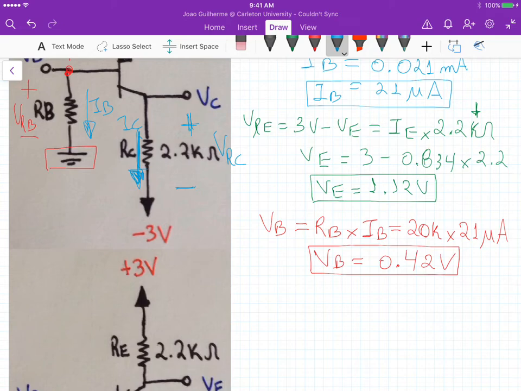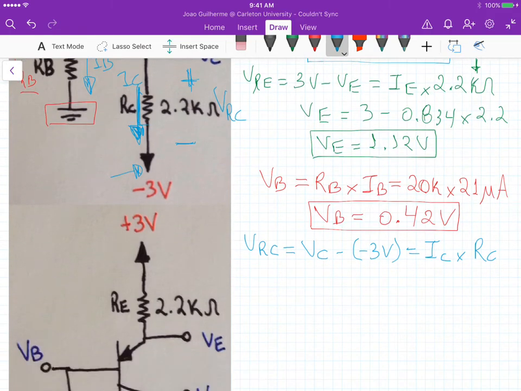We can take VRC equal to VC minus those minus 3 volts that we have here, and that's equal to IC times the collector resistance.